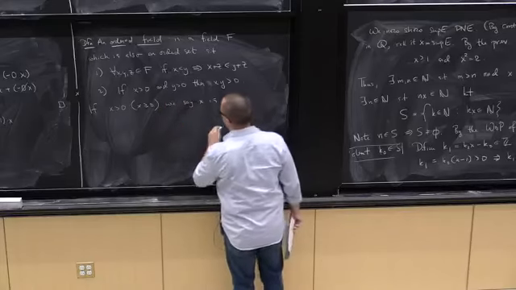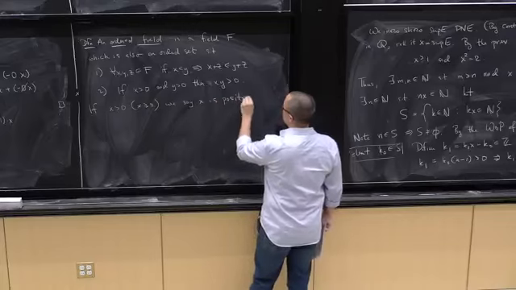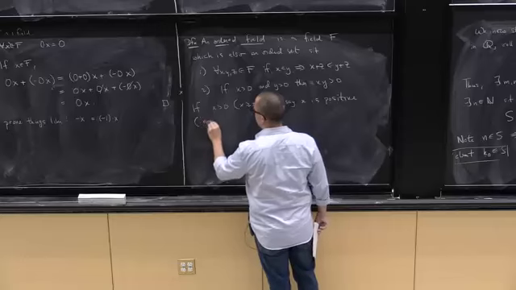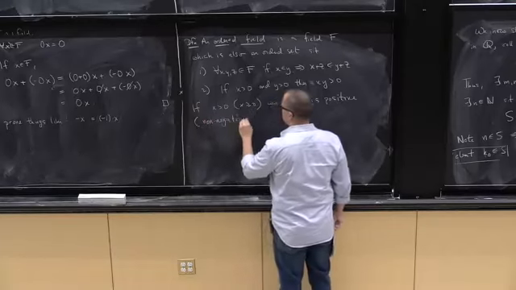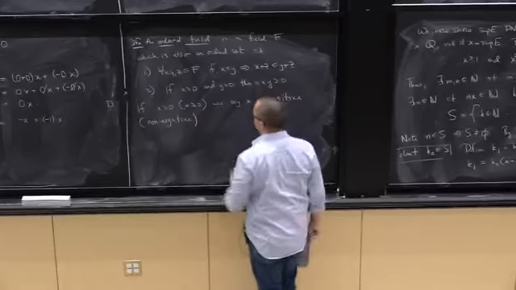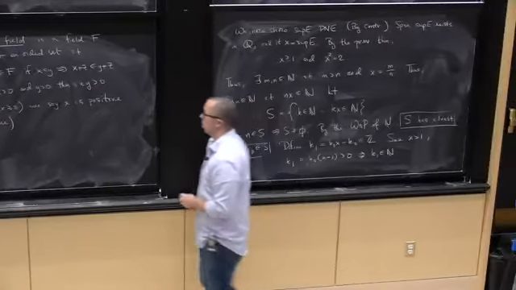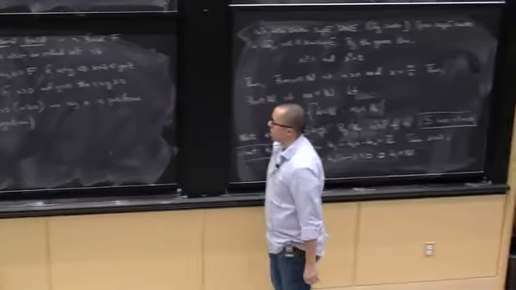Or if it's bigger than or equal to 0, we say x is non-negative. So non-negative if x is bigger than or equal to 0, positive if x is bigger than 0. And then likewise with negative and non-positive.